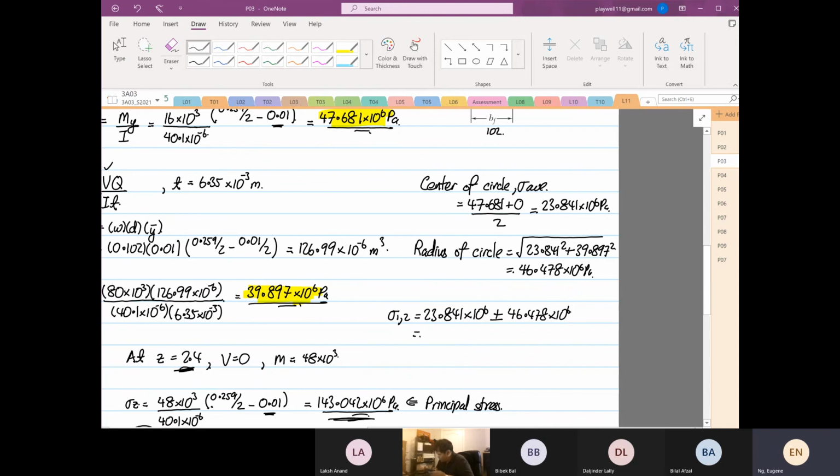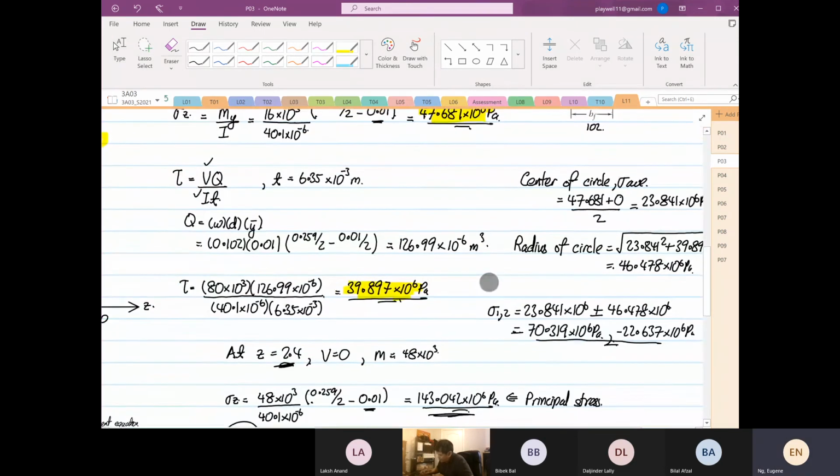So it's equal to 70.319 times 10 to the power 6 Pascal, or 23.841 times 10 to the power 6 minus 46.478 times 10 to the power 6, which is minus 22.637 times 10 to the power 6 Pascal.